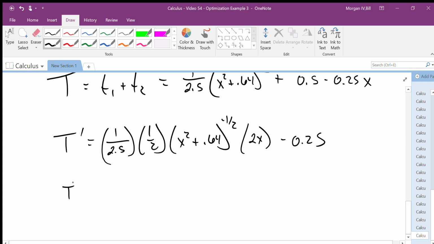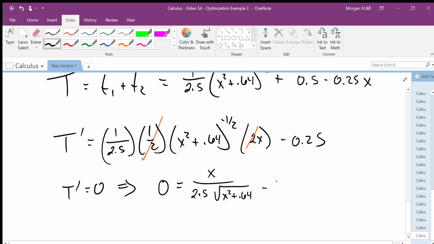So let's see, when is T prime equal to 0? Well, actually, let's do this. This 1/2 here will cancel out with the 2 here. And we'll rewrite that as 0 is equal to the x I have from here, over 2.5, and let's take this (x squared plus 0.64) to the negative 1/2 and write that as the square root of x squared plus 0.64 in the denominator, minus 0.25.